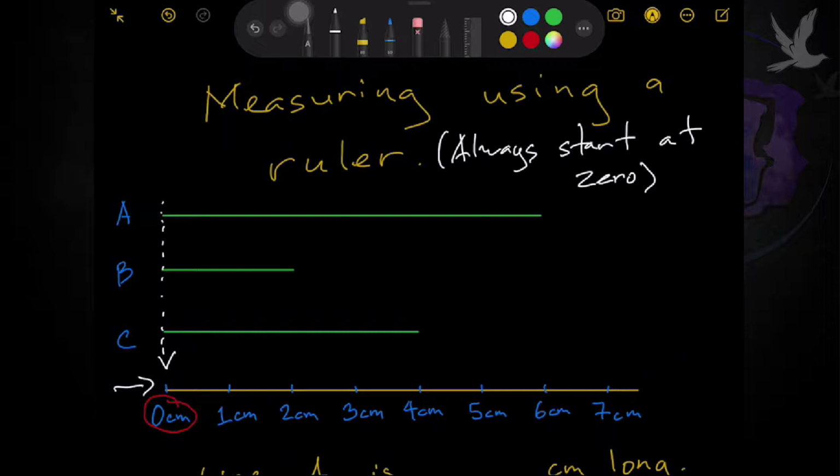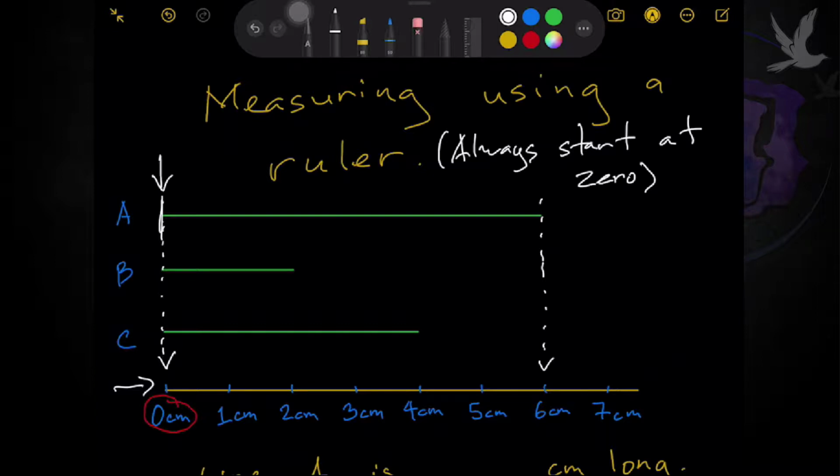Okay, so this is just a starting point for you. We start everything at 0. So ibig sabihin, for example, for line A, how long is line A? Since we start at 0, it is safe to say now that wherever it stops, it is its actual measurement. That is its actual measurement as long as it started at 0.